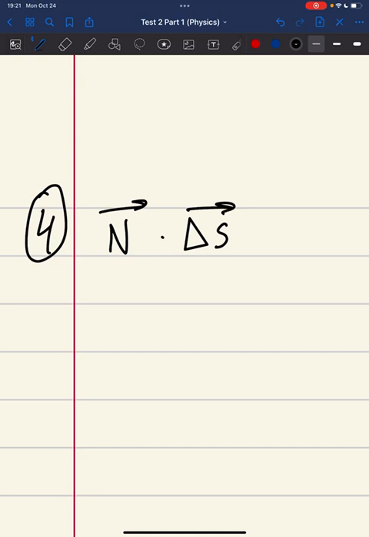Yes, this is a change. Delta is change. We will give a 0. So the N is always perpendicular to the vector displacement.